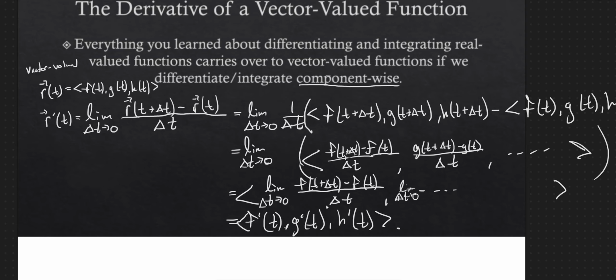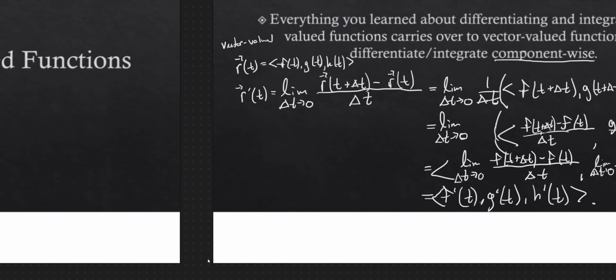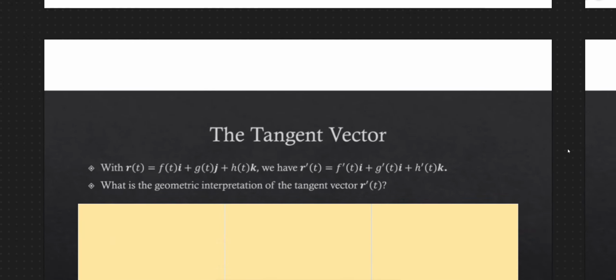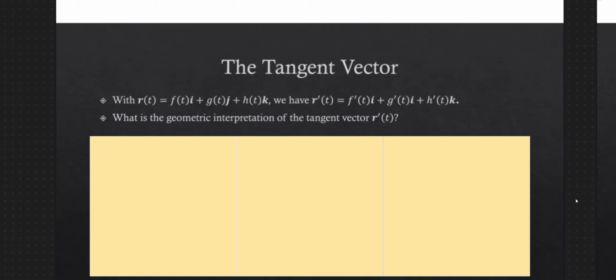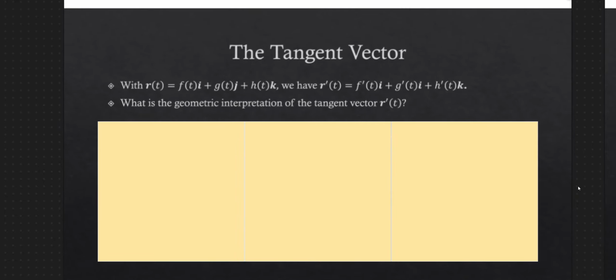So this is true for derivatives. It's also going to be true for integration. We'll get to that later on in the section, but this is how it works out for differentiation. So great, right, that means it's easy for us to calculate derivatives of vector valued functions because it's reduced to computing derivatives of scalar valued functions, which we are familiar with.